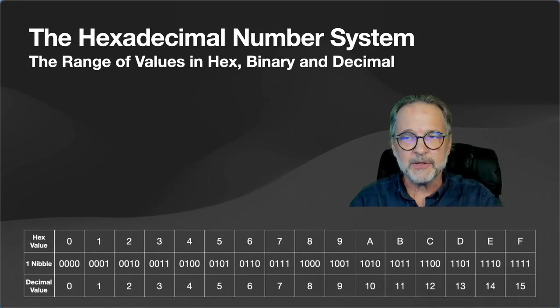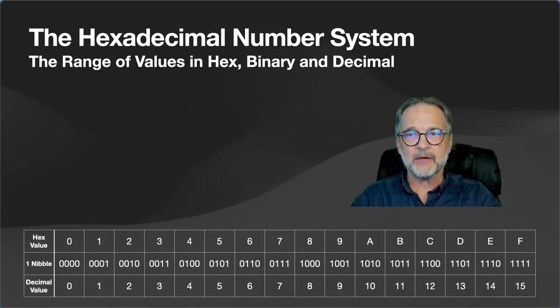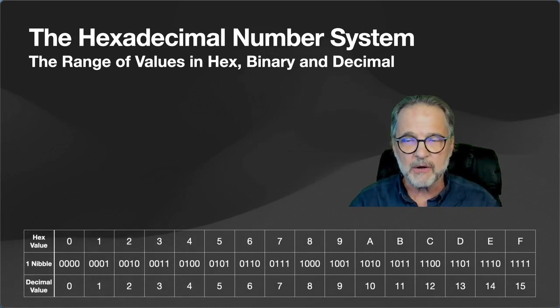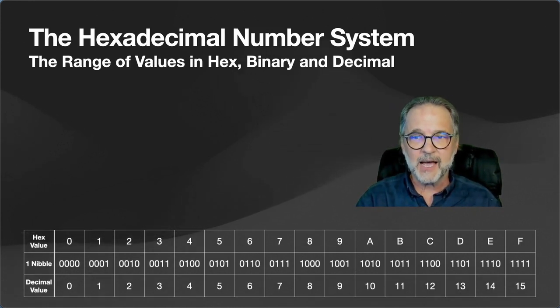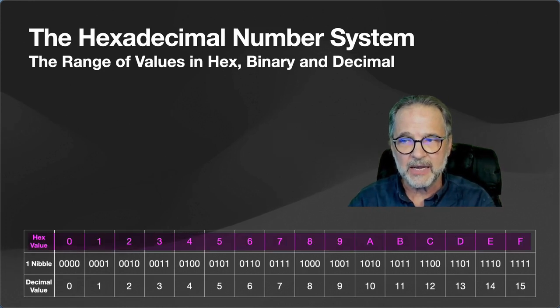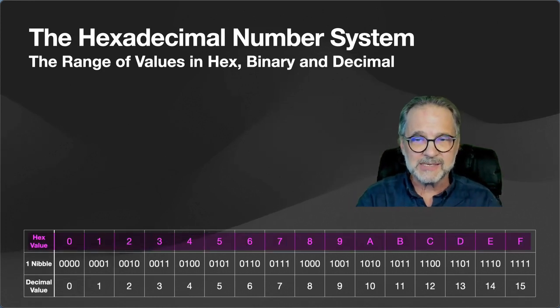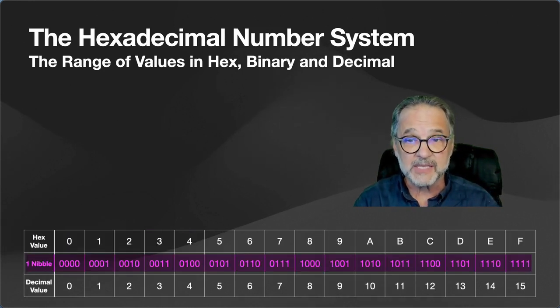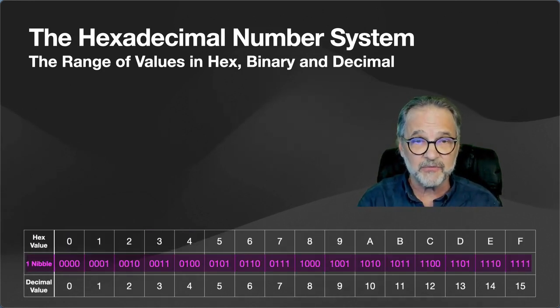So we've got the values of binary, we've got the values of hex, and we've got the values of decimal. I created a nice little chart here where the hex values on top go from 0 through 9 and then A through F. And as you can see in the second row, a nibble starts at all zeros. That's the hex value 0. It's also the decimal value 0.